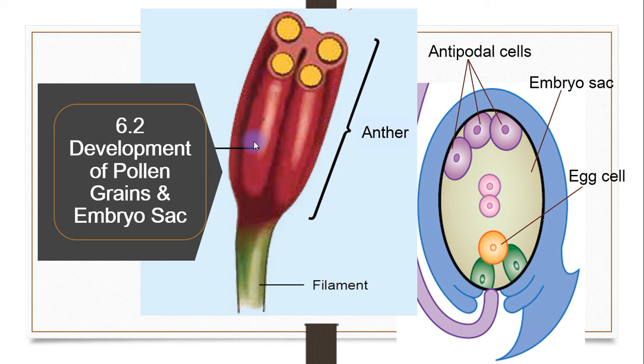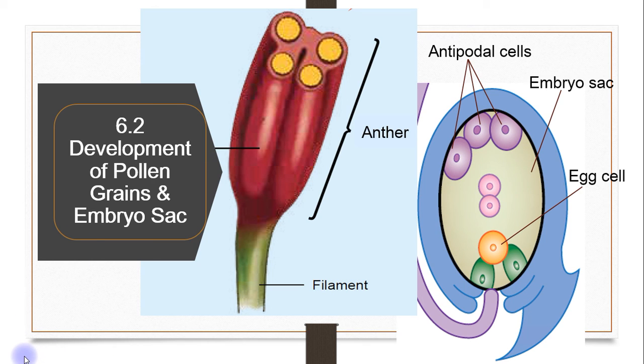Okay, so today's lesson we are going to continue with 6.2, development of pollen grains and embryo sac. Go to your textbook and open to page 116. For today, we are going to cover the formation of the pollen grains in an anther.